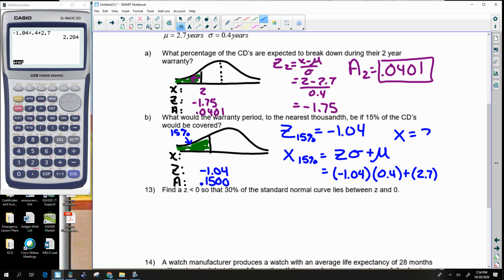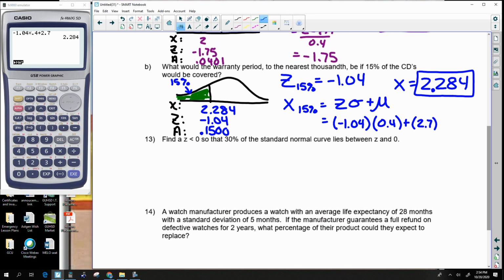That is going to be 2.284 years. So what would the warranty period length have to be? It would have to be 2.284 years, and that would cover 15% of the product.